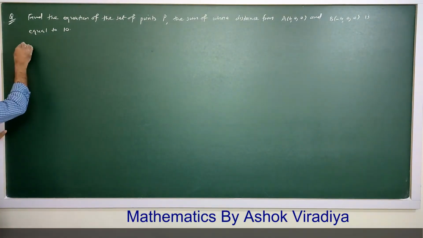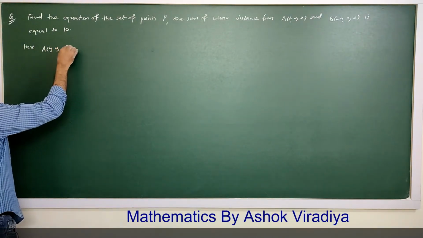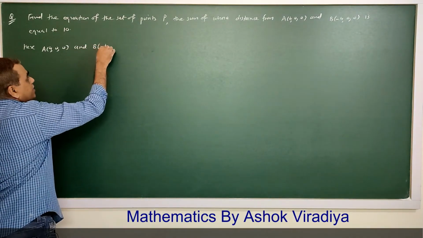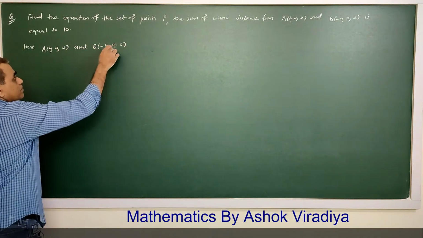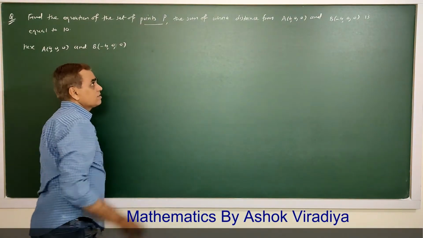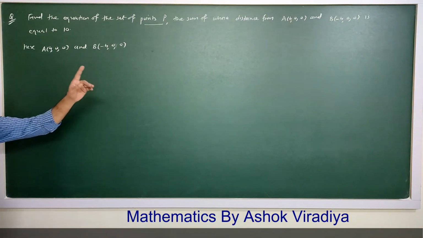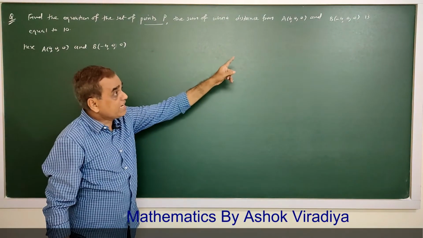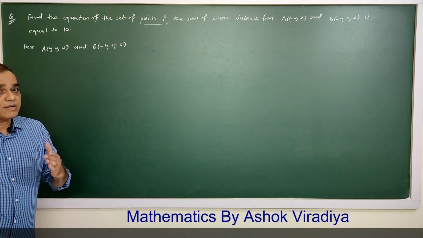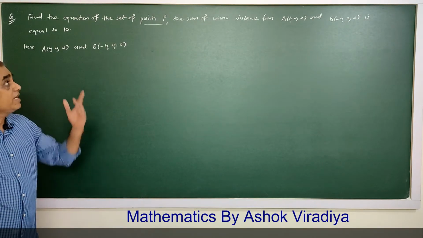Here A is given as (4, 0, 0), B is given as (minus 4, 0, 0), and P is the point such that the sum of its distances from A and B, that means PA plus PB, is 10.